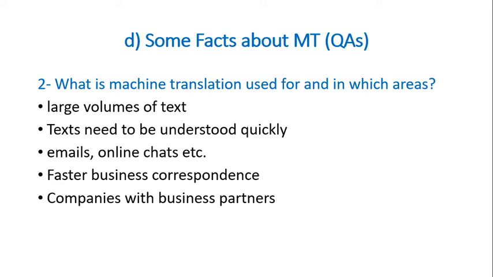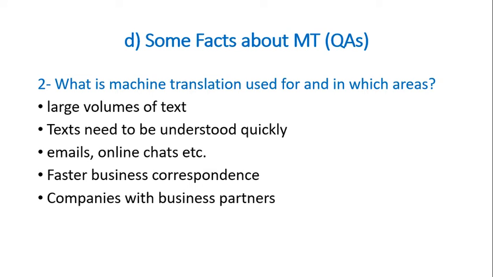On emails, online chats, of course, we are not looking for the quality of translation. We are just looking to understand what is being said or what is being written. In faster business correspondence, machine translation is the solution, or is the best for that purpose.